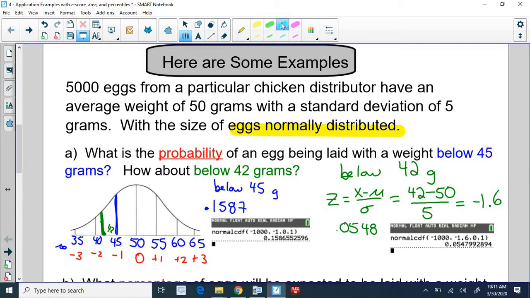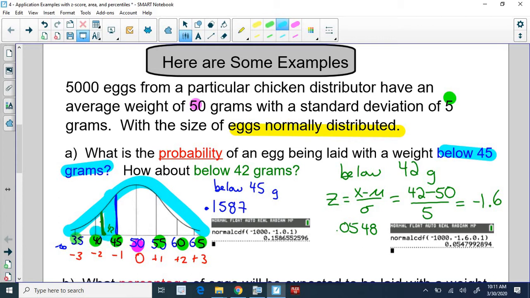Well, to do the first problem, below 45 grams, we set up a normal curve with the mean. So the mean of this is 50. You see I put 50 here, and the standard deviation is 5 grams. So I added 5 going up to draw this, and I subtracted 5 going down. From there, I'm going to think about what it means to be below 45.